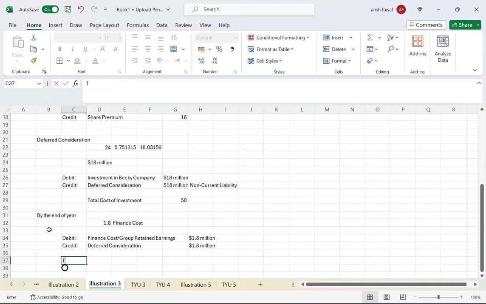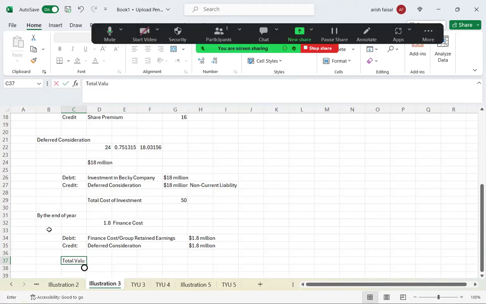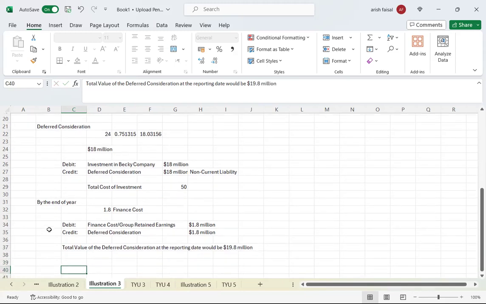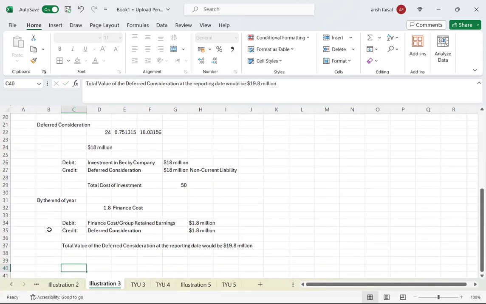Okay, so the total value of the deferred consideration at the reporting date would be 19.8 million. Next year, again, your liability value will be 19.8.